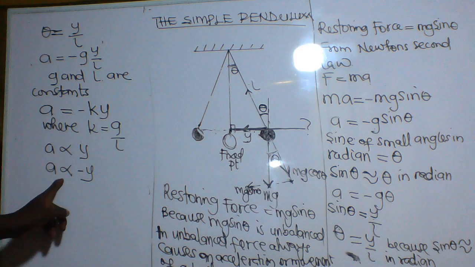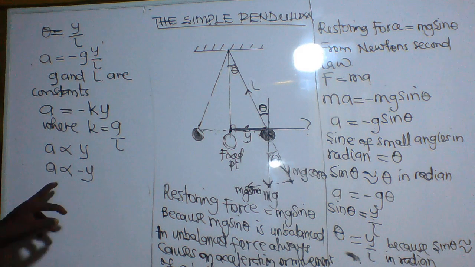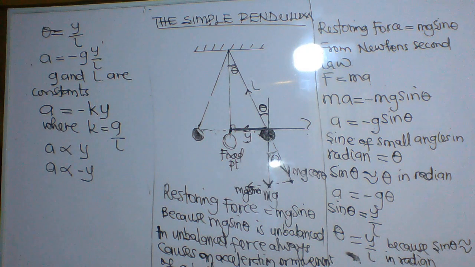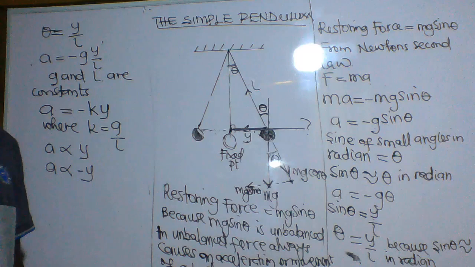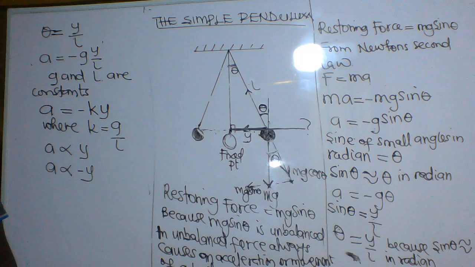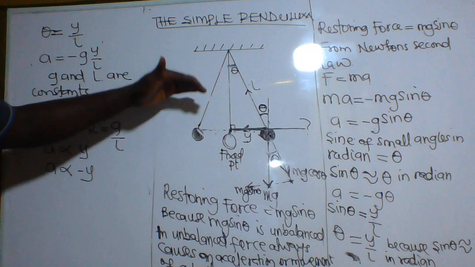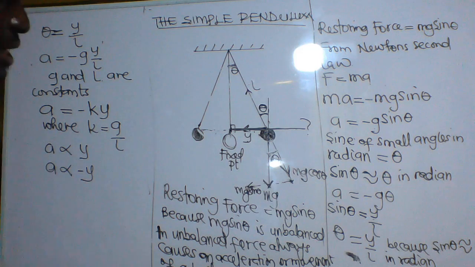The acceleration should be always directed to the fixed point, meaning the direction of the acceleration and the displacement are always opposing. So once we've gone through this and we have satisfied this important condition for simple harmonic motion, we have confirmed that the motion of a simple pendulum is simple harmonic in nature. This is the key fact about the motion of a simple pendulum.